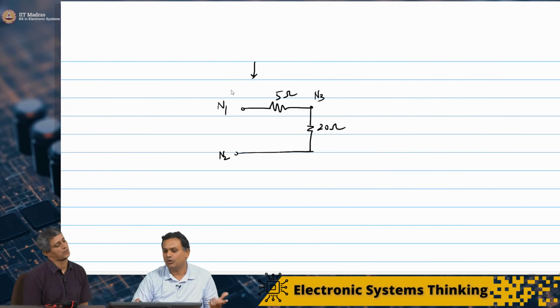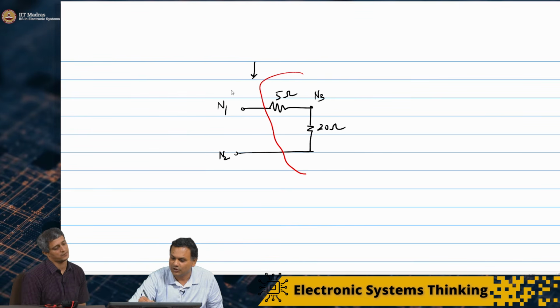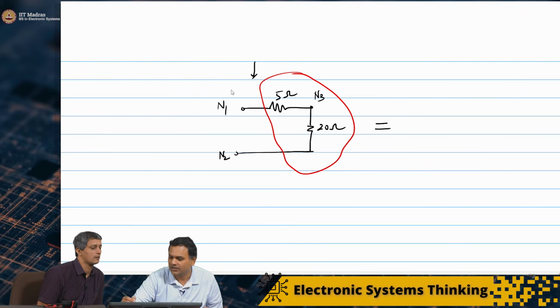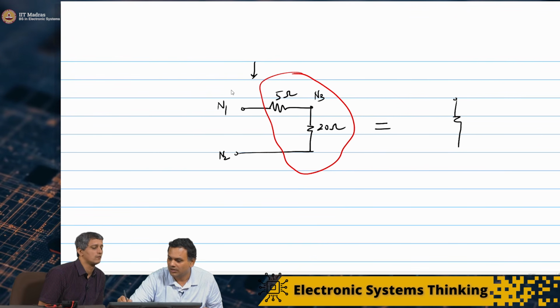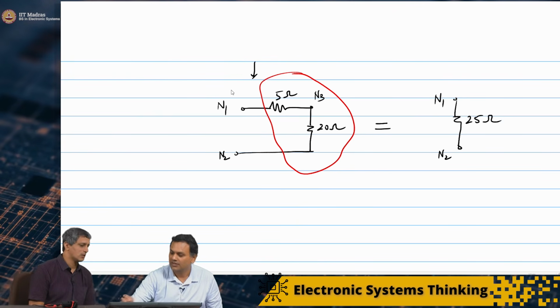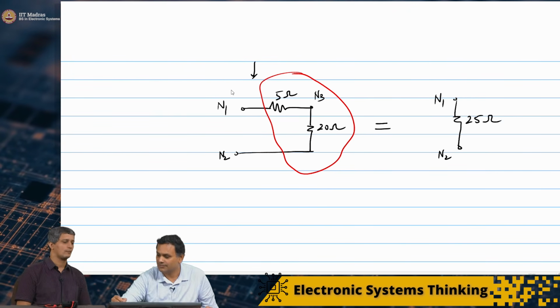And now this is a series combination. This has now become trivial almost. So this now becomes from N1 to N2, 25 ohms. So I think this is clearly the equivalent resistance.